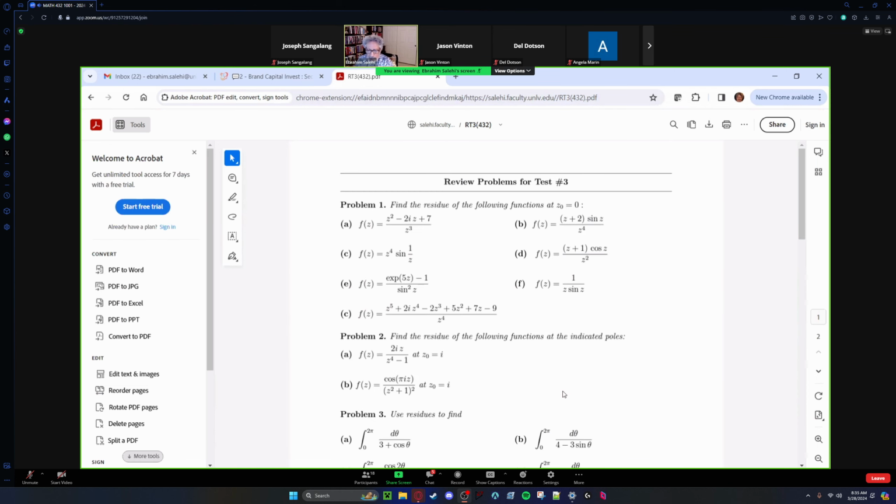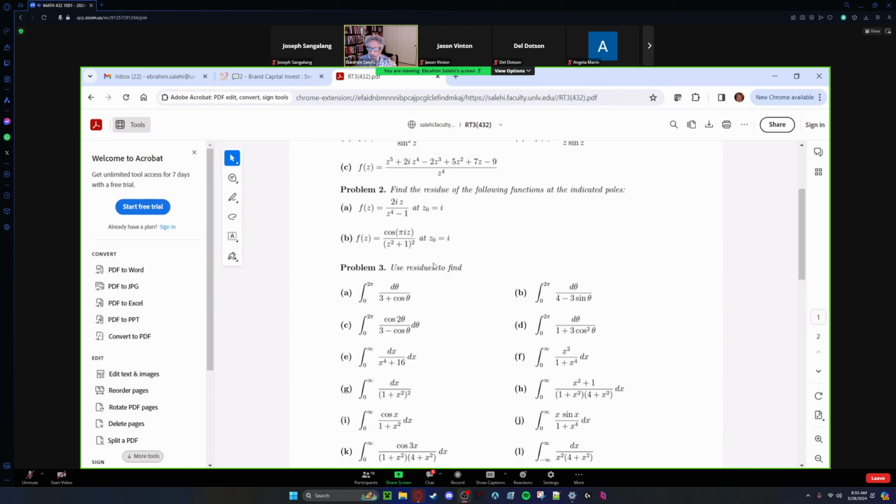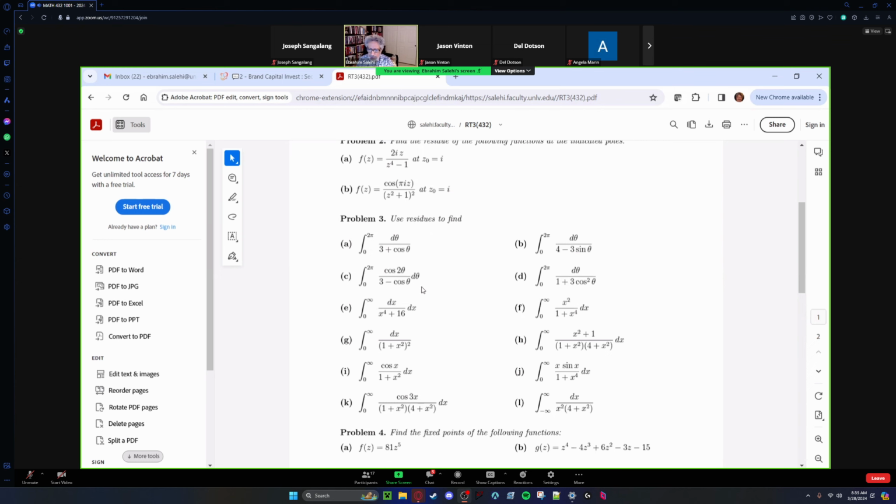So here comes finding residues, and then applying the residue theorem in calculating these integrals, which was the topic of Tuesday, and I will continue on this one today.